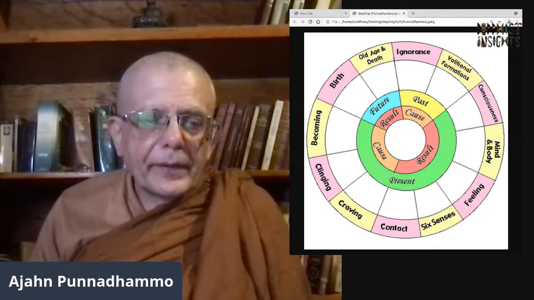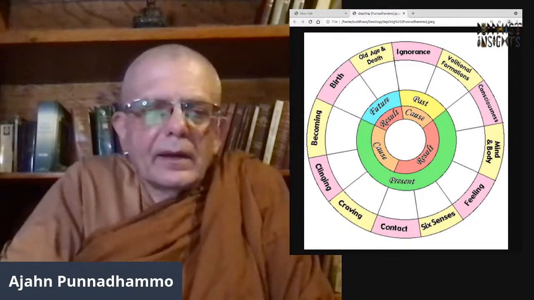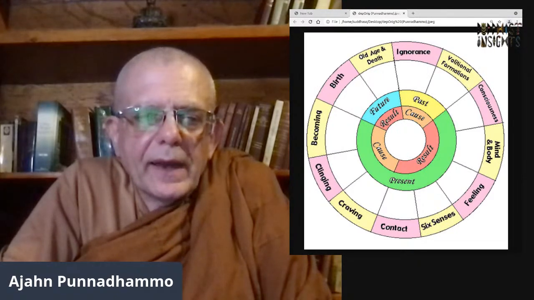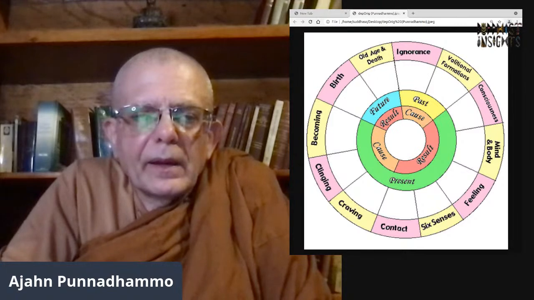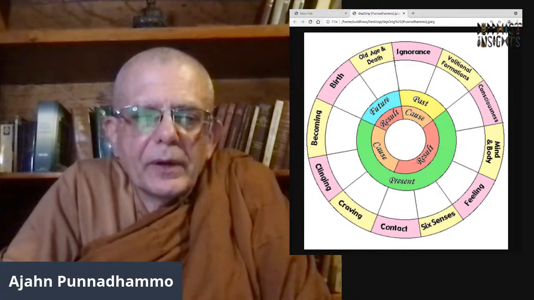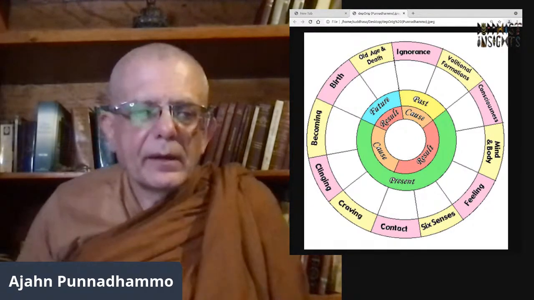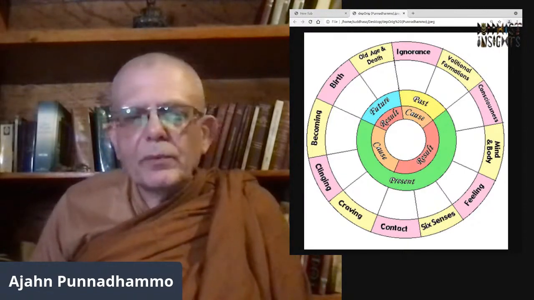And this is the point at which the cycle of the dependent origination can be broken, that we can avoid falling into the loop here at this point. And some teachers have made a great deal of this as a major point of practice.